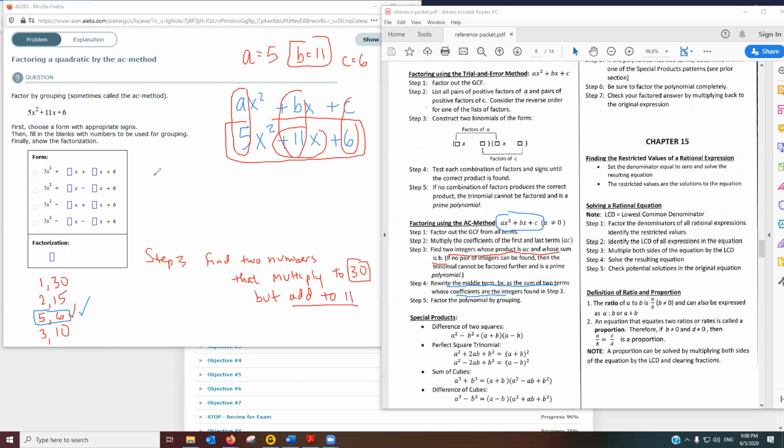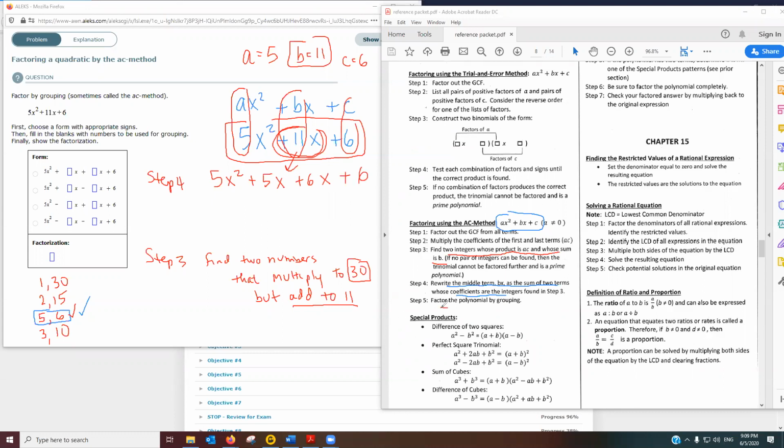So here's what step 4 is telling me to do. Step 4 says, take the middle term 11x and rewrite it as 5x plus 6x. Well, I could do that because 5x plus 6x is the same as 11x, so that's allowed.